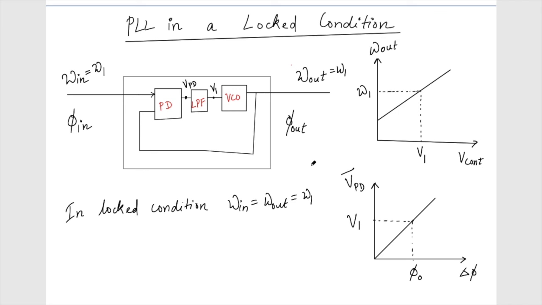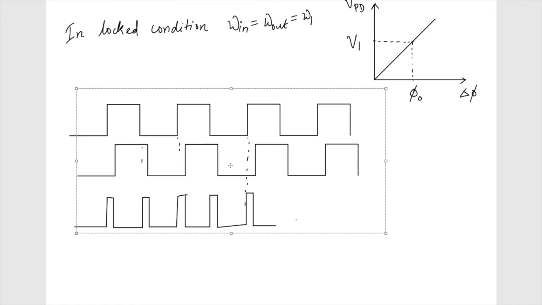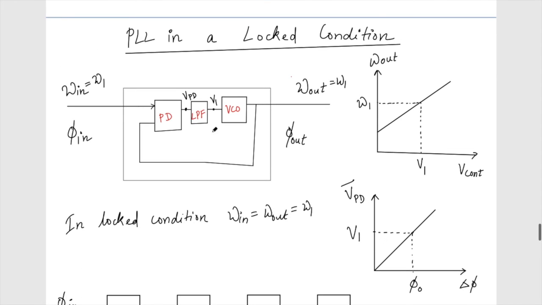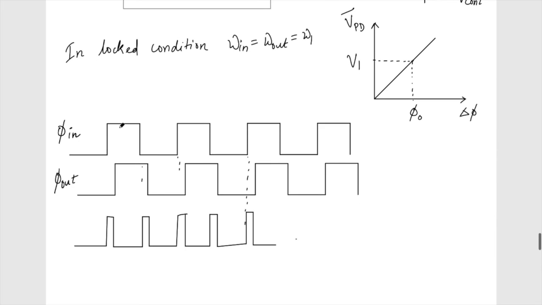Let's try to see this graphically as well with the waveforms. I'm using the waveform that we have drawn before. This is my phi in, this is my phi out, the input phase and the output phase, with a frequency of omega in, which is now equal to omega 1, and this is omega out.